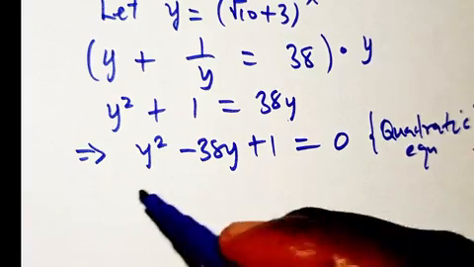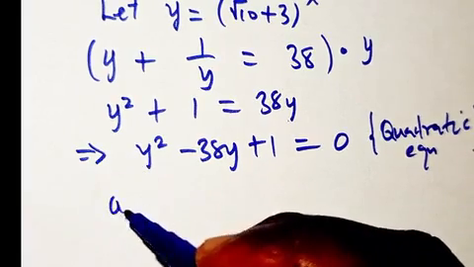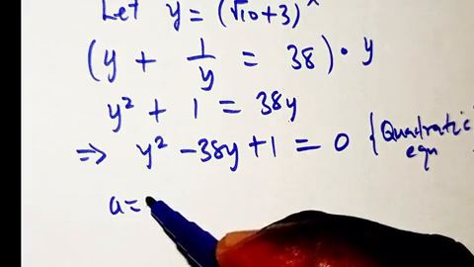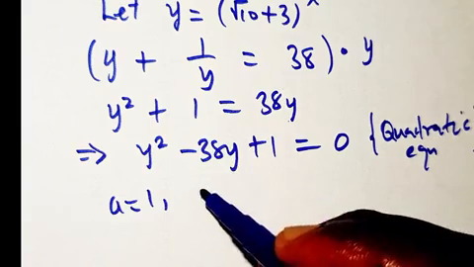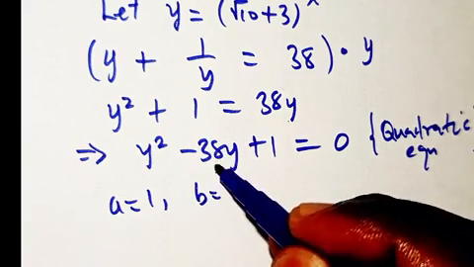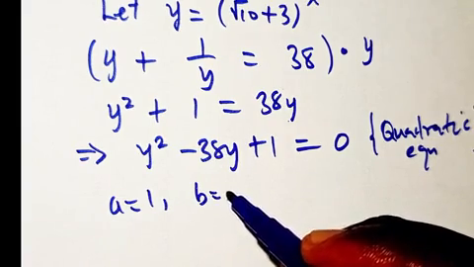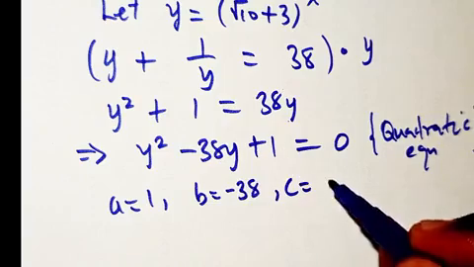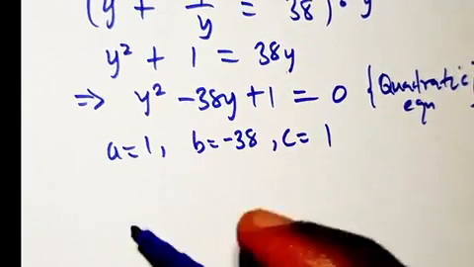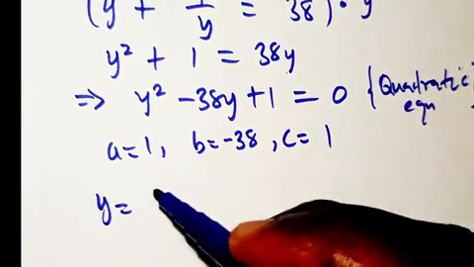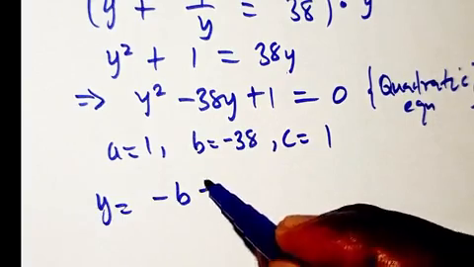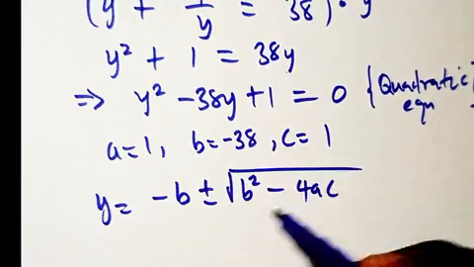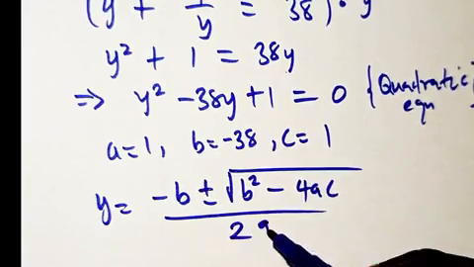We know that the coefficient of y squared is 1, the coefficient b is going to be minus 38, while the constant term c is going to be 1. So using the quadratic formula, y is going to be minus b plus or minus square root of b squared minus 4ac, all over 2a.